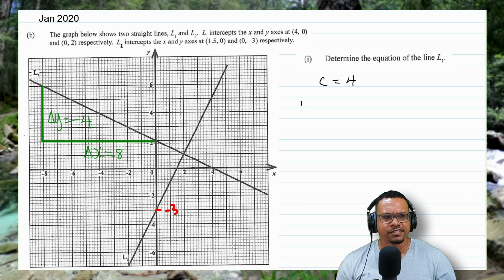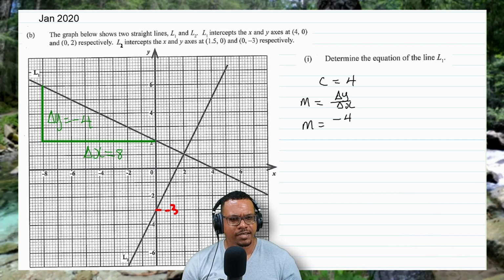So for my gradient, m, I'll have the change in y over the change in x. And just remember my gradient is negative here. So I'll have -4, which is my change in y, over +8, which is my change in x. And that would give you -1/2. So my gradient is -1/2 and my y-intercept is 4.